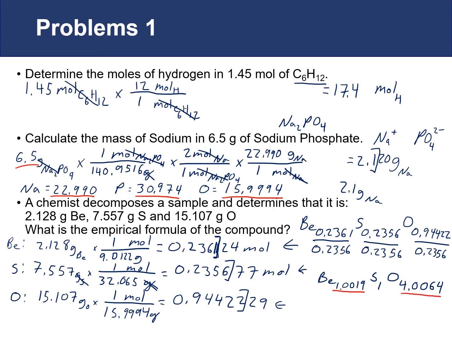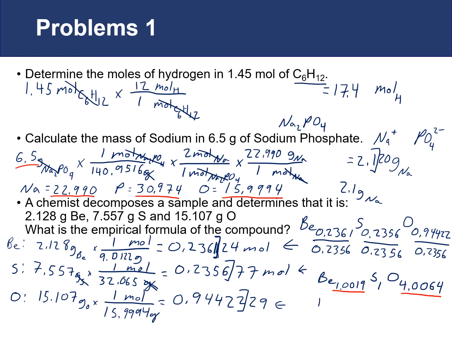Okay, because the value for the beryllium is very close to 1, and the value for sulfur and the value for oxygen is very close to 4, in this case, because it is only off in the 3rd decimal place for the beryllium as well as for the oxygen, it's likely that the reason that it is not exactly 1 and not exactly 4 is some sort of a measurement error in our original masses.